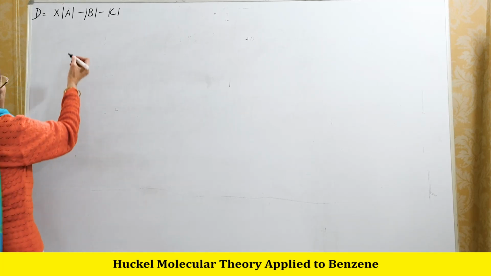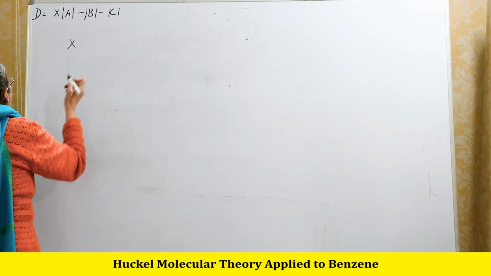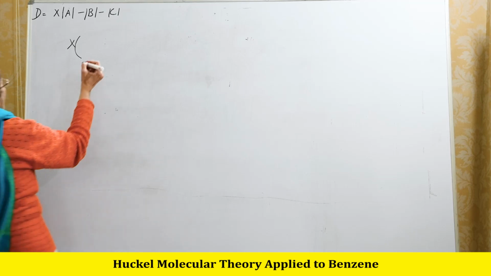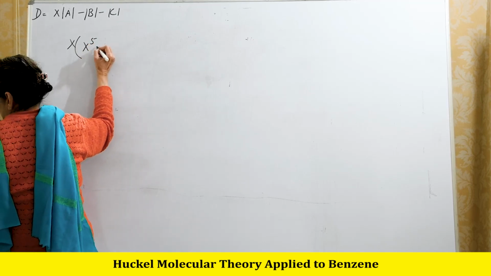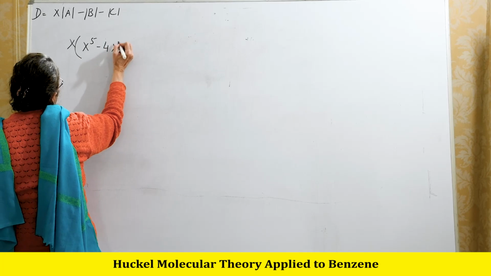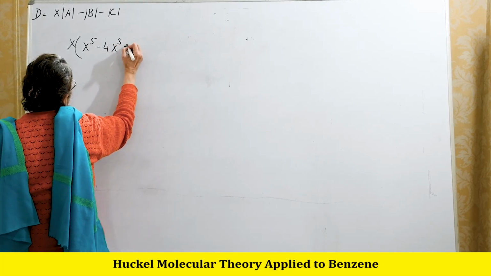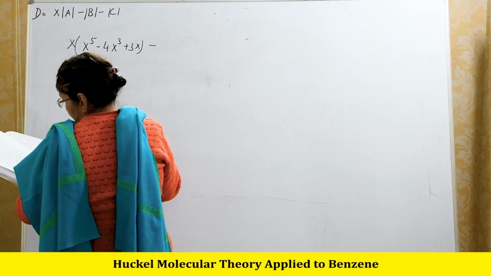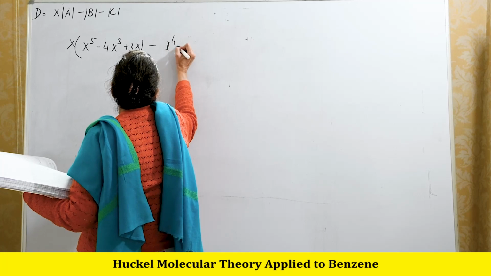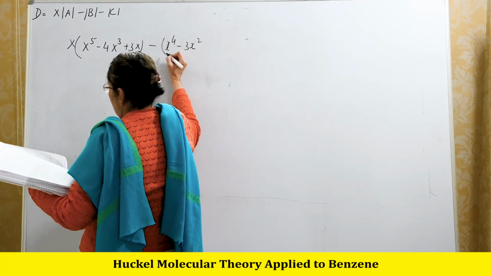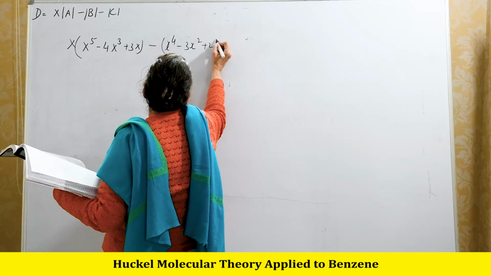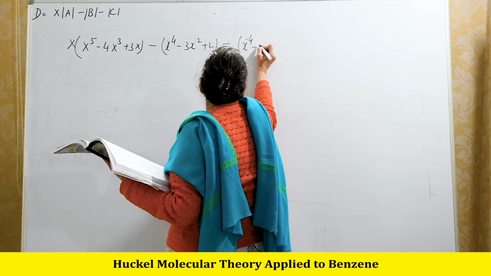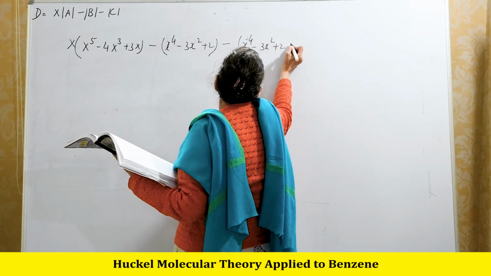Now this we keep x, and the value of A is x5 minus 4x cube plus 3x, minus B, which is x4 minus 3x square plus 2, and minus x4 minus 3x square plus 2.